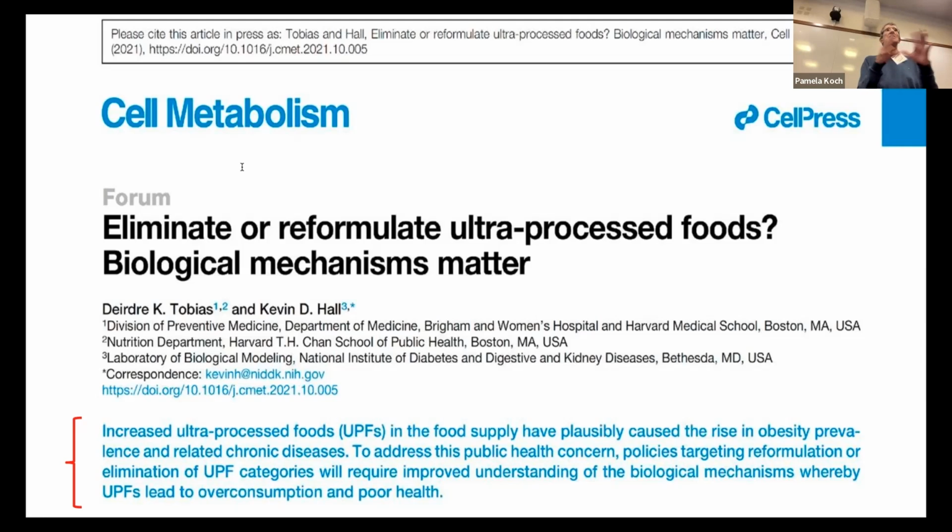We can change this only if you change the country, if you change everything. And since this is not possible, what I think we should do is try to identify what is wrong with ultra-processed foods. And by finding what is wrong, then you tell the industry, please remove this additive, because this is causing the whole problem. The question is, is there this single mechanism?